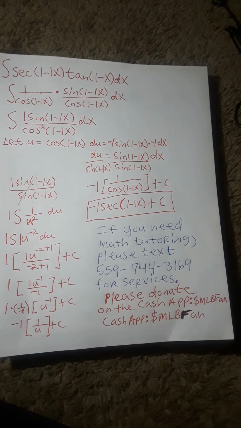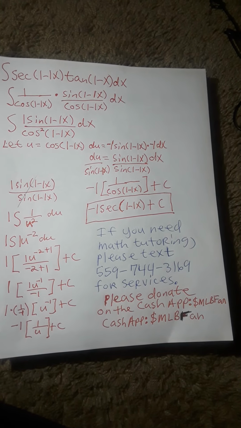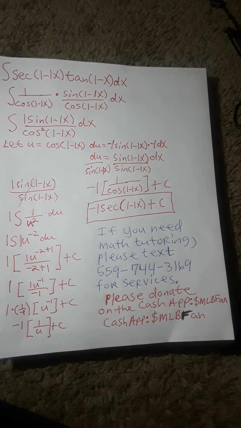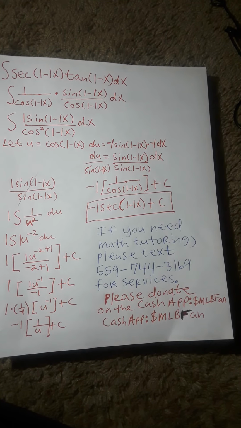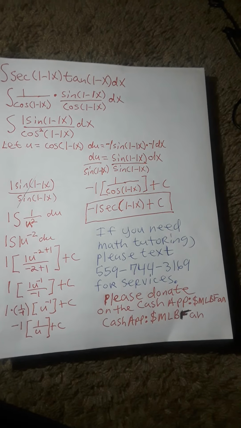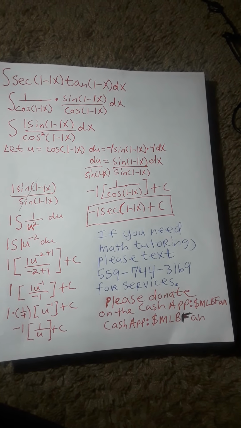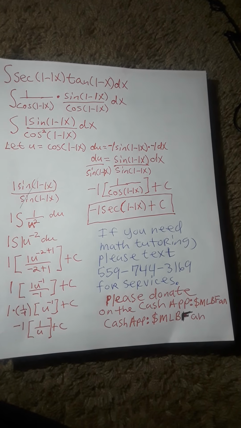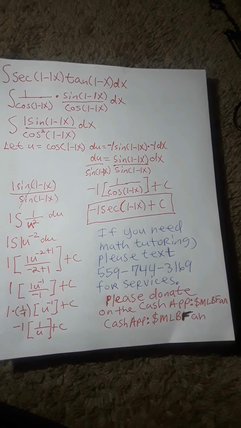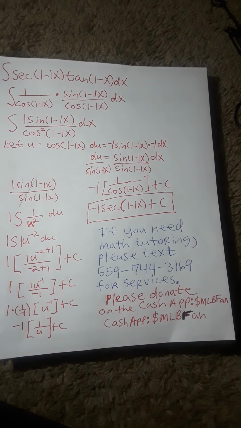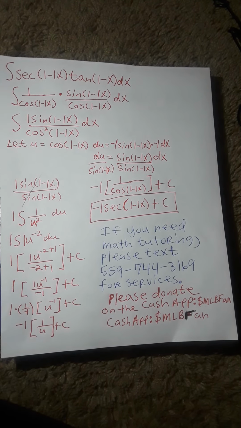So now this is going to simplify to negative 1 times 1 divided by u plus c. And we have to go back to what we had substituted for in the beginning.